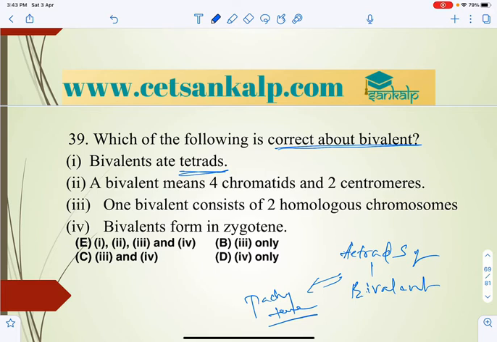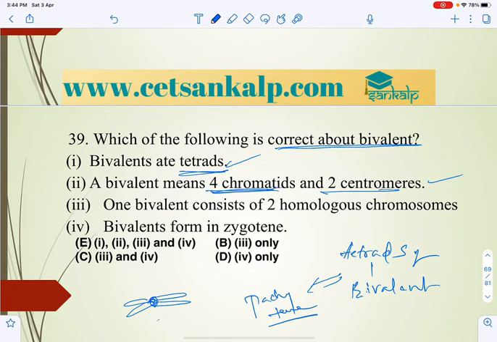So they are asking to select the correct statement about bivalents. What are the bivalents? We know that there are 2 homologous chromosomes, so that is the first one which is correct. Then a bivalent means 4 chromatids, 2 centromeres, that is correct. This is one chromatid and this is the second chromatid, 1 centromere; in the other chromosome, 2 centromeres, 4 chromatids.